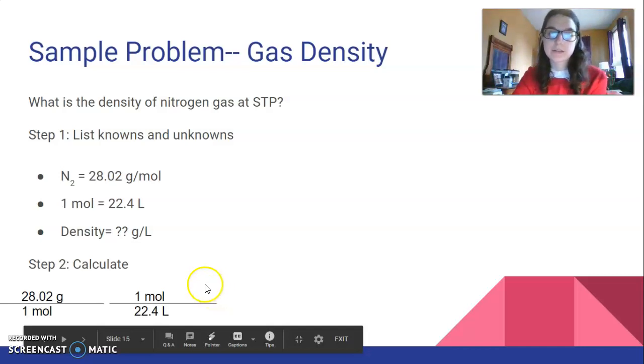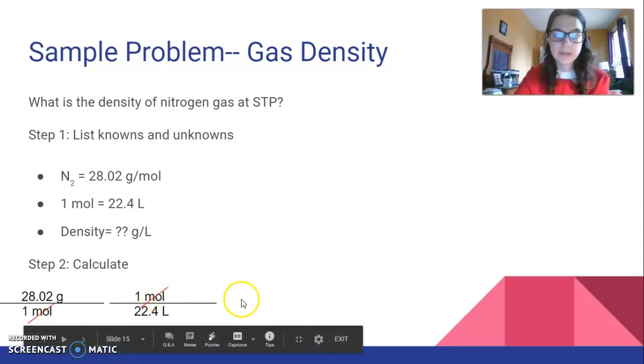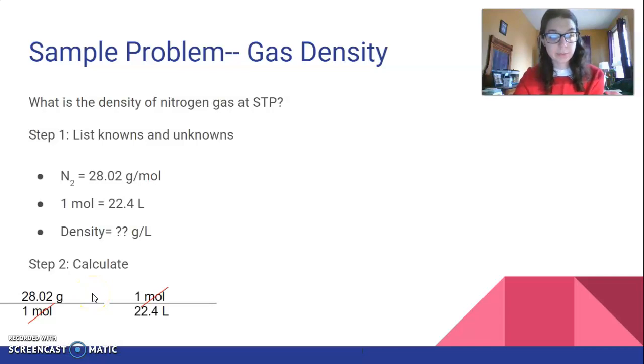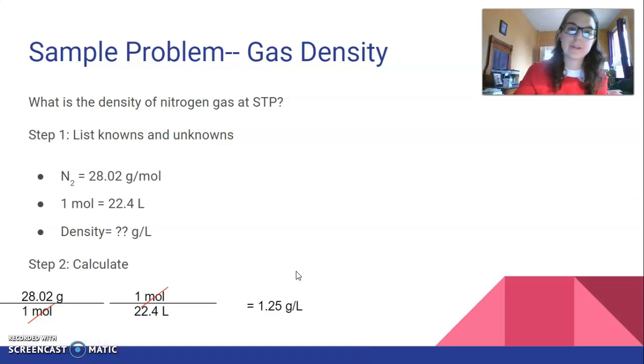Since mole is in the denominator here, we're going to want it in the numerator for our conversion factor. So what you'll notice is that the moles cancel out and our answer will be in grams per liter, which is the exact unit we want for density. So in your calculator, you plug in 28.02 grams over 22.4 liters, and you end up with 1.25 grams per liter.